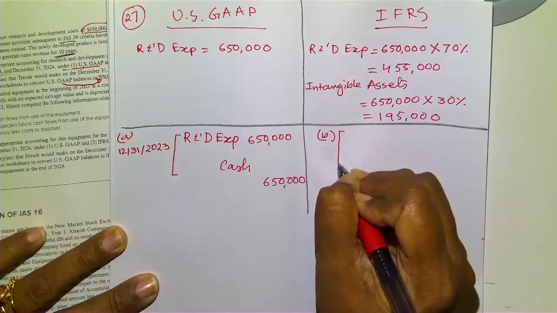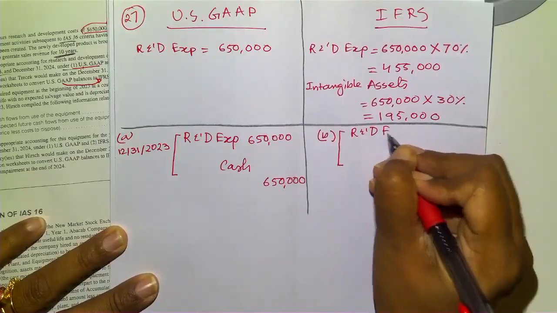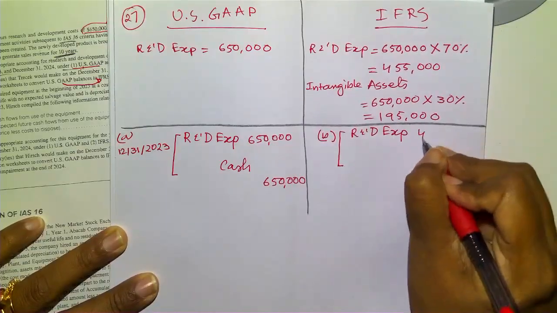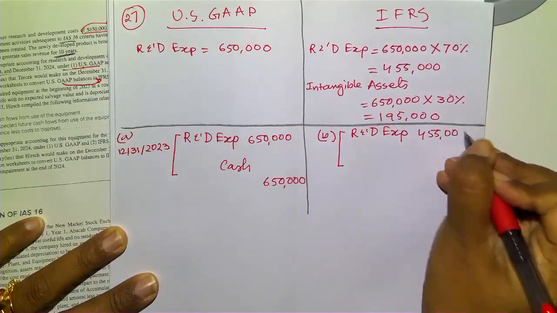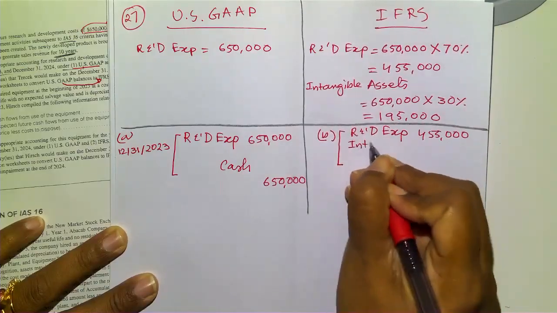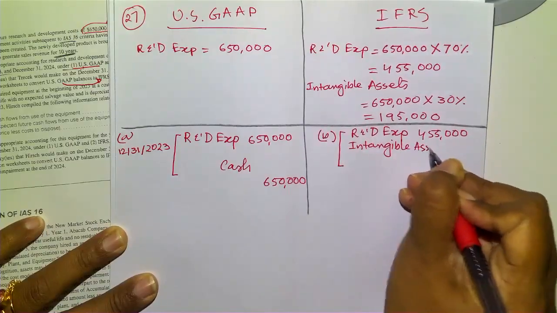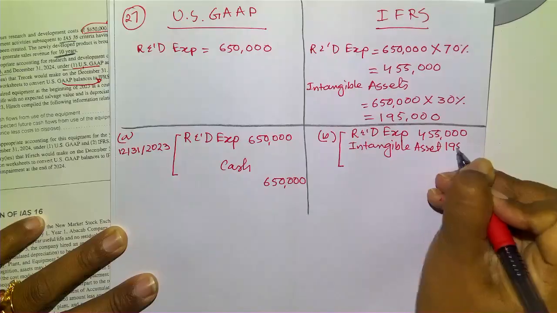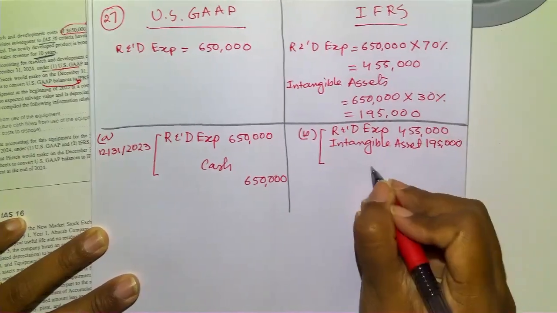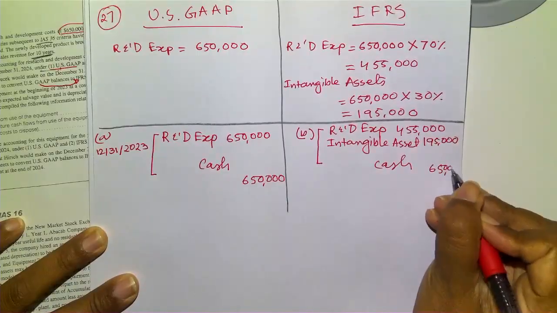So IFRS will show R&D expense 455K, and then the rest, they will call intangible assets, which will go to their balance sheet, which is 195K. And of course, they paid the whole as cash, which is 650K.